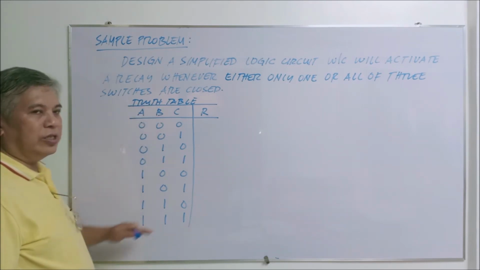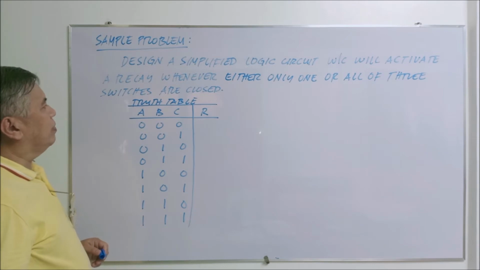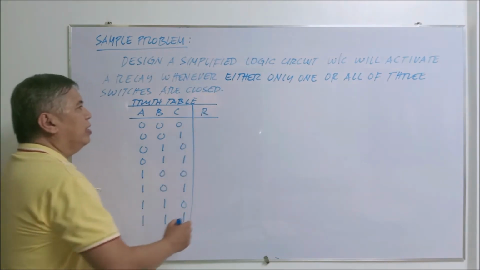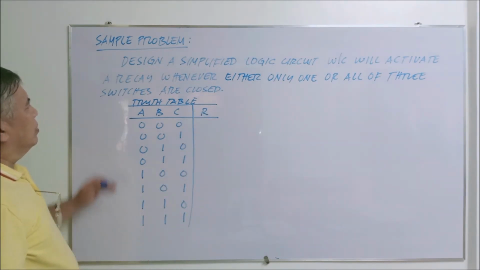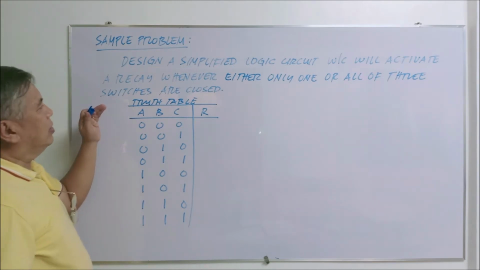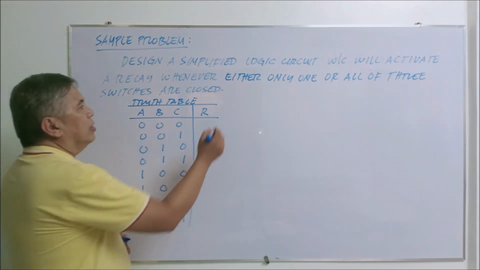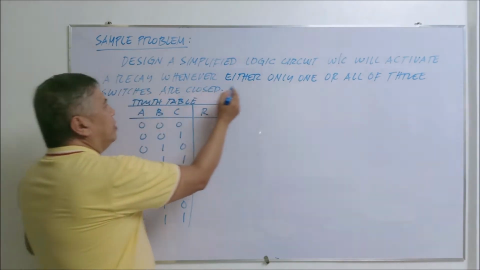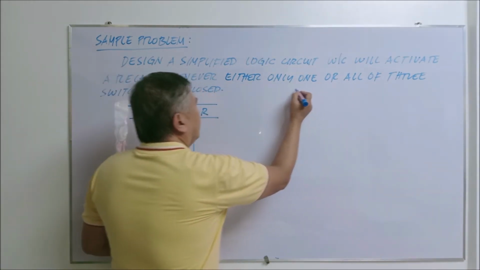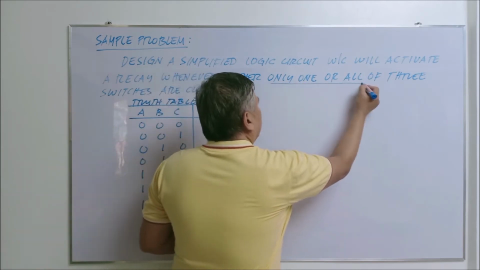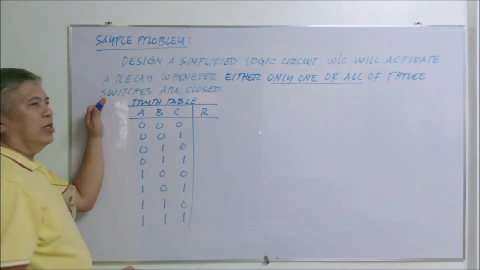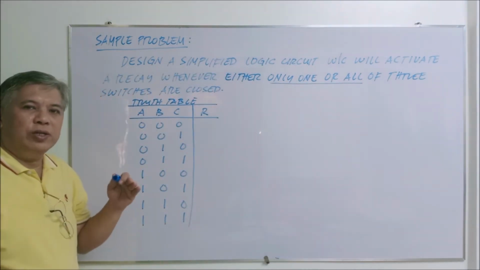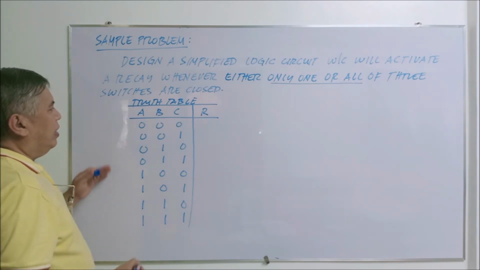These are the switches, no? A, B, and C. Then, how do we obtain the output R? Again, the problem says it will activate a relay whenever either only one or all of the 3 switches are closed. When you say closed, that means 1.